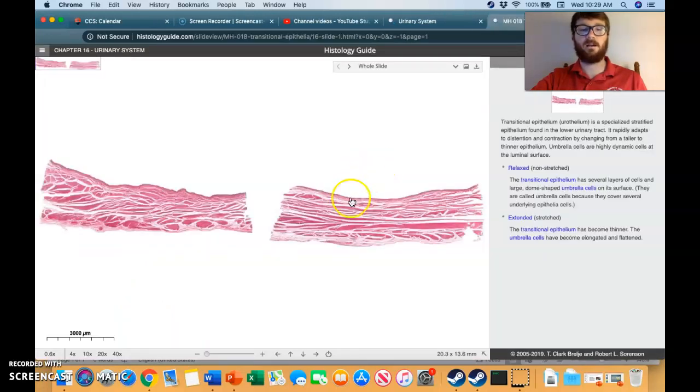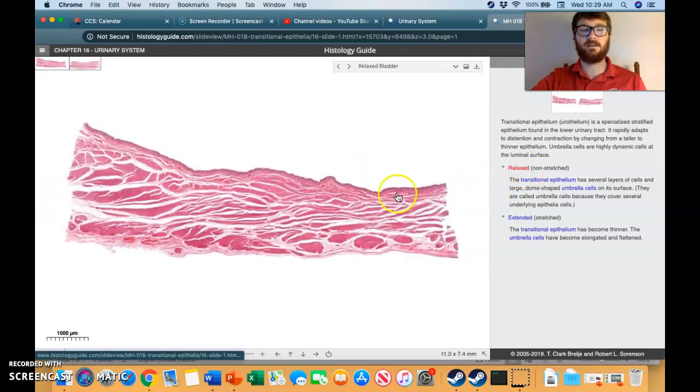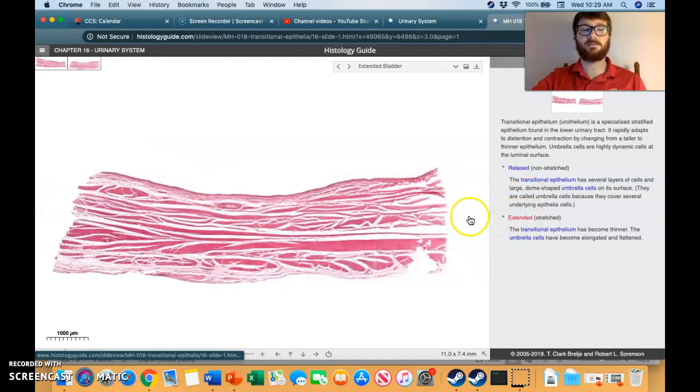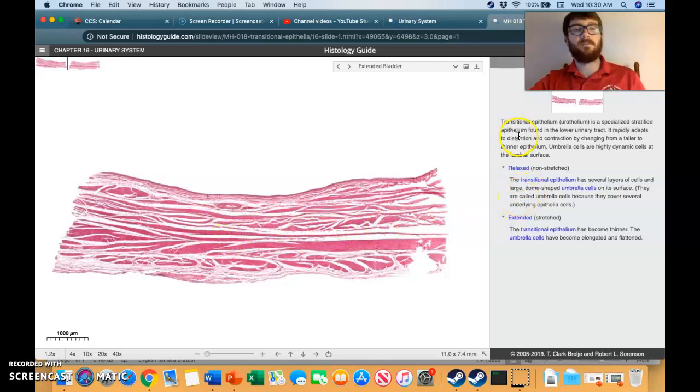And here is the relaxed epithelium. This is when you don't have a lot of urine in the bladder, and then this is the stretched out epithelium, which can hold more. So anyway, I hope you found this somewhat helpful.